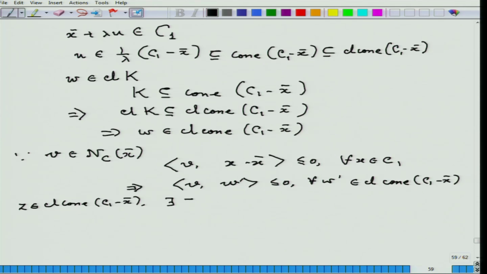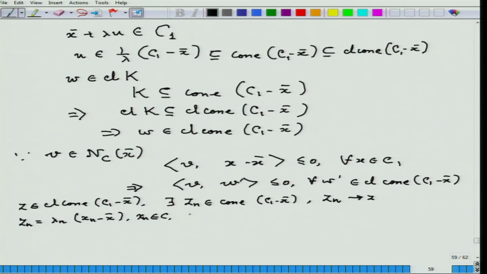So, there exists Zn in the cone of C1 minus x bar such that the sequence Zn is converging to Z. Now, Zn can be expressed as some lambda n times (x n minus x bar), because it is in the cone of this, where x n is an element of C, since C is closed. Now, Zn is converging to Z.